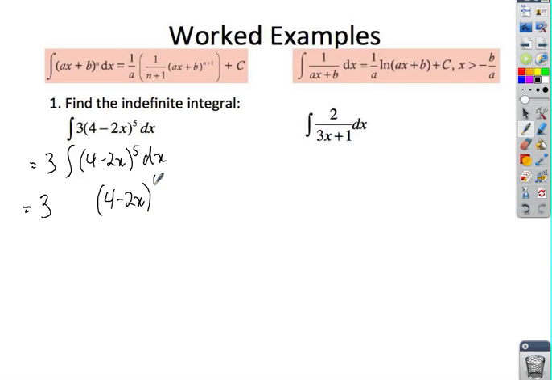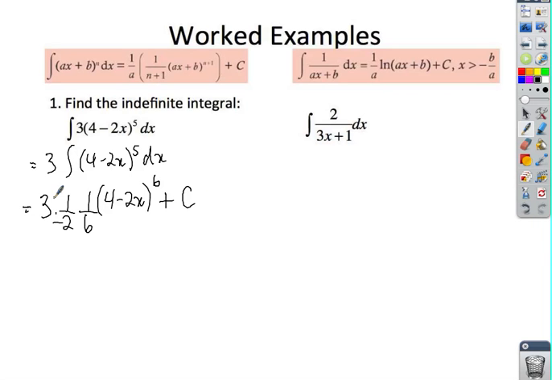So we raise the exponent by 1, and as we learned last day, you must also divide by that new exponent. And from what we've learned today, in addition, we must also multiply by 1 over the coefficient of x. So this is how it would look. And don't forget, with these indefinite integrals, we need to include plus c.